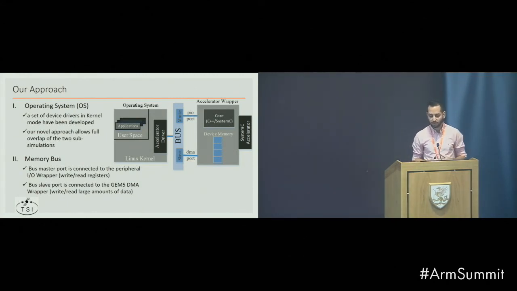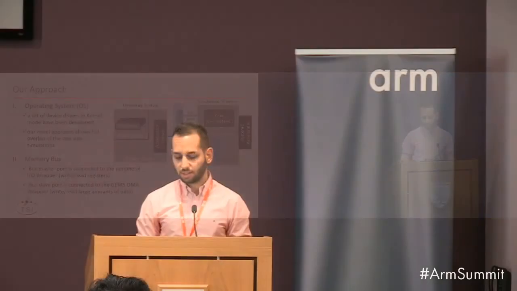So in order to incorporate efficiently our accelerator module, we have developed a set of device drivers, while an interrupt handler was implemented in order to receive appropriate interrupts from the accelerator wrapper to allow full overlap of the two sub-simulations.